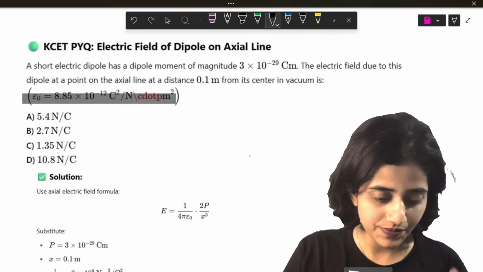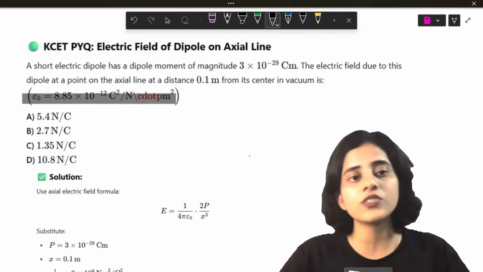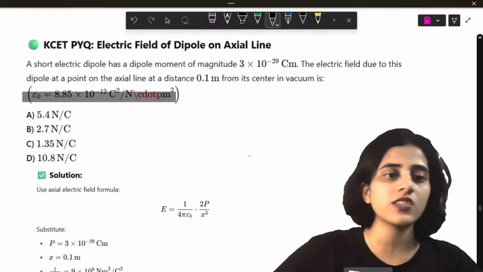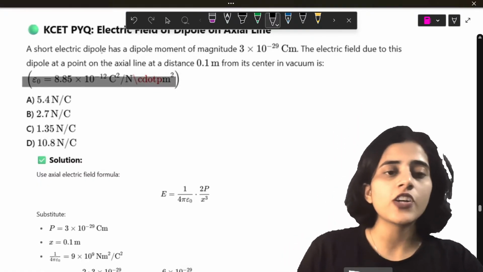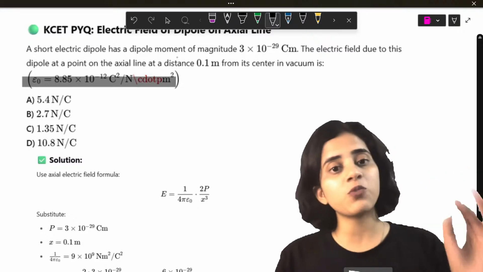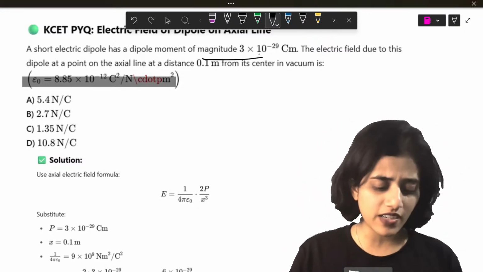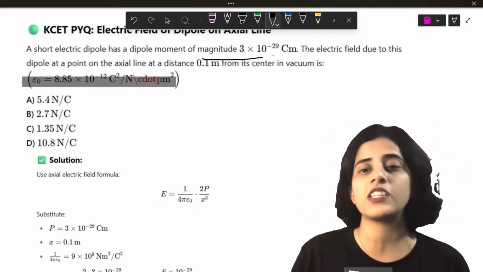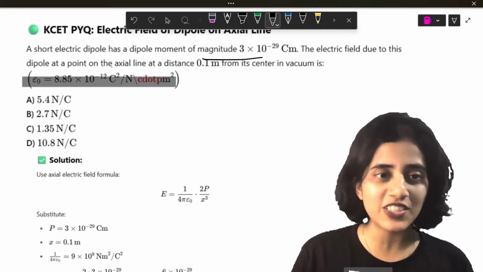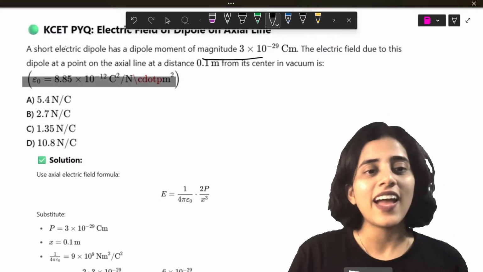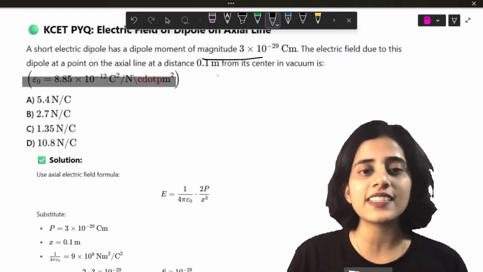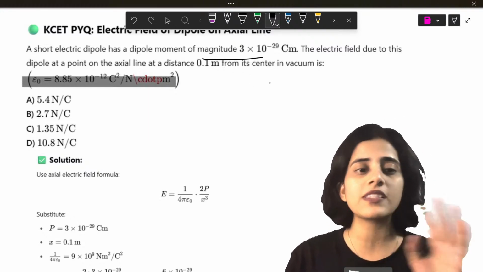Okay, so let's move on to a question based on the same thing. A short electric dipole has a dipole moment of magnitude 3 into 10 raised to minus 29 coulomb meter. The electric field due to this dipole at a point on the axial line is at a distance of 0.1 meter from its center in vacuum.